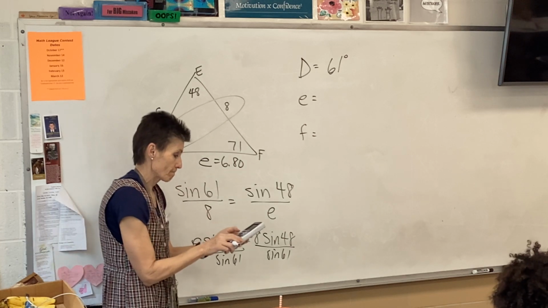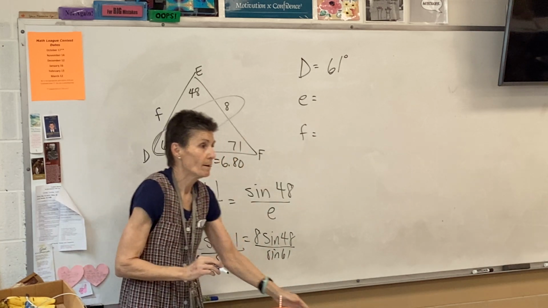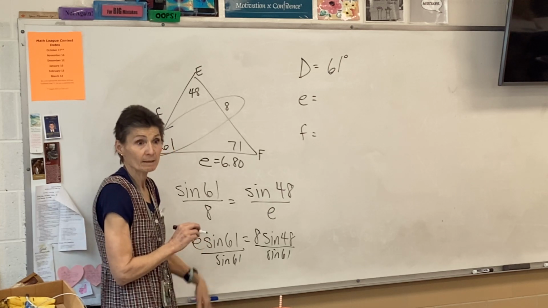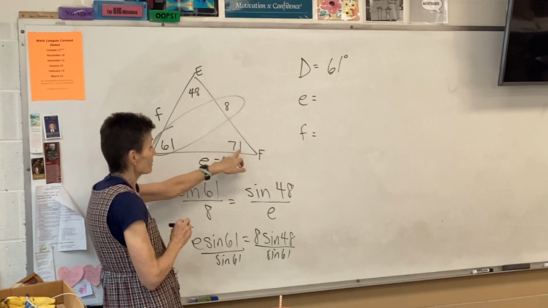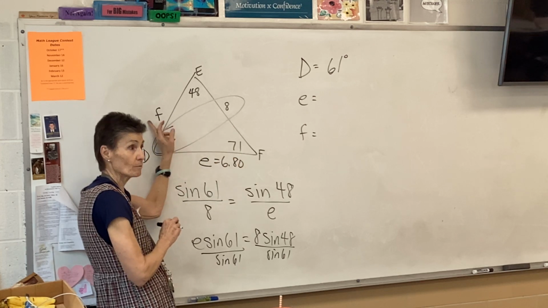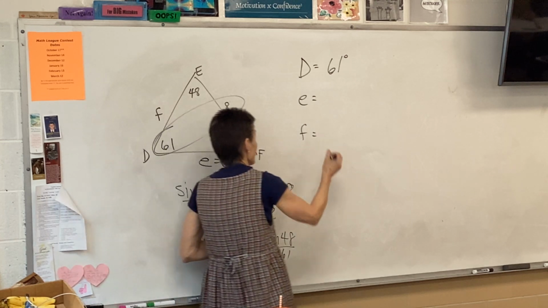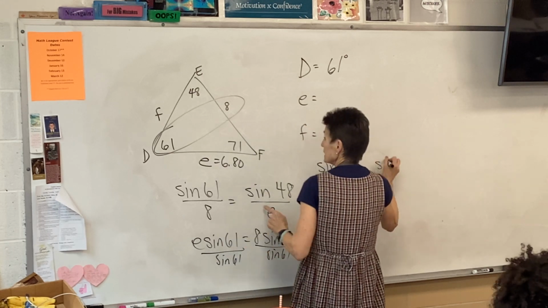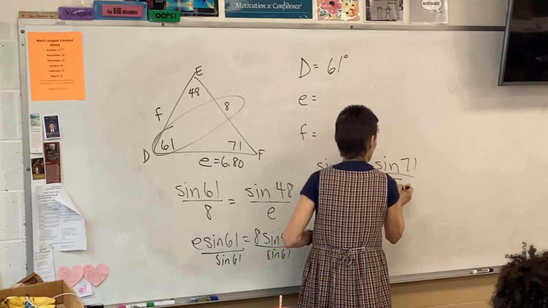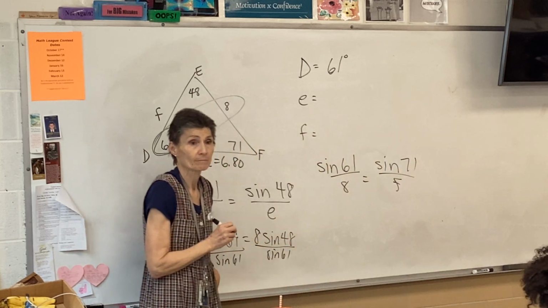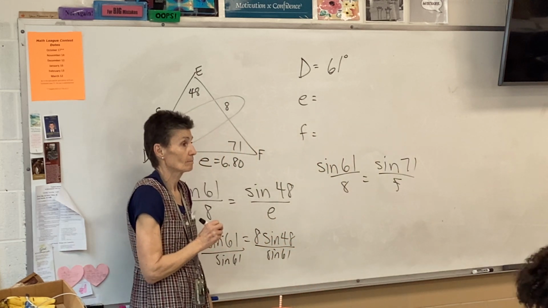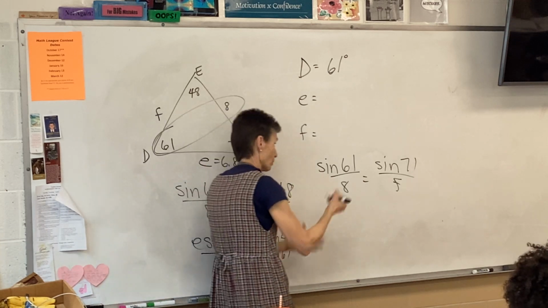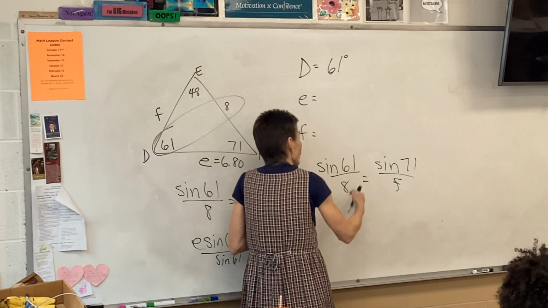Okay. Now what? Do the same thing. Same thing, side F, except sine 71 over F. So sine 61 over 8 equals sine 71 over F. And then we'll cross multiply. It's like the same problem twice.